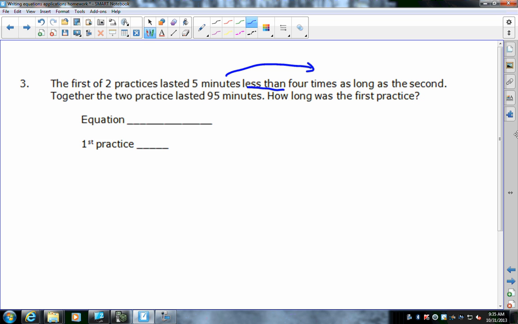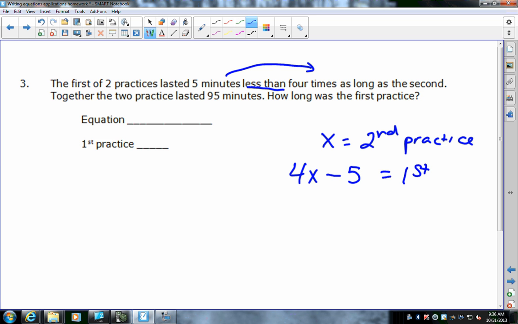Well, I don't know how long the second one was, so I'm going to make x equal the second practice. Now, the first practice lasted 5 minutes less than 4 times the second practice, so that's 4x, less than, so I'm going to put minus 5.